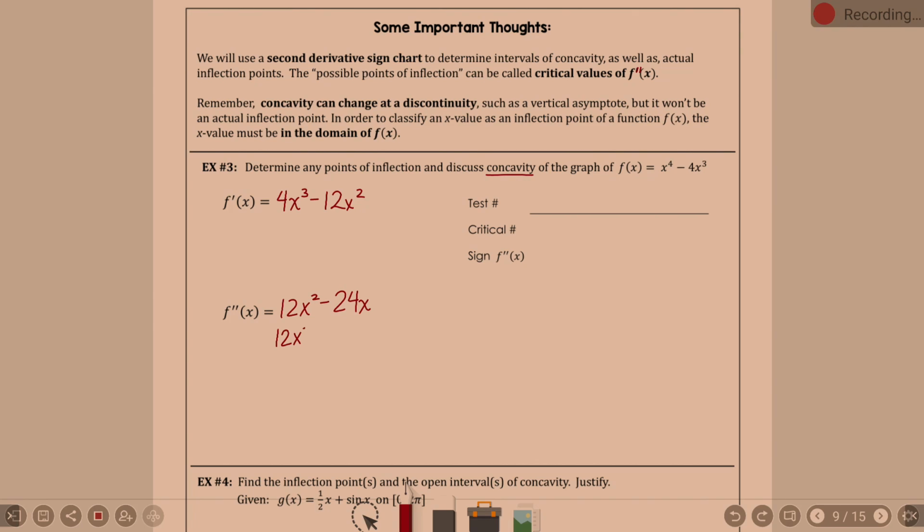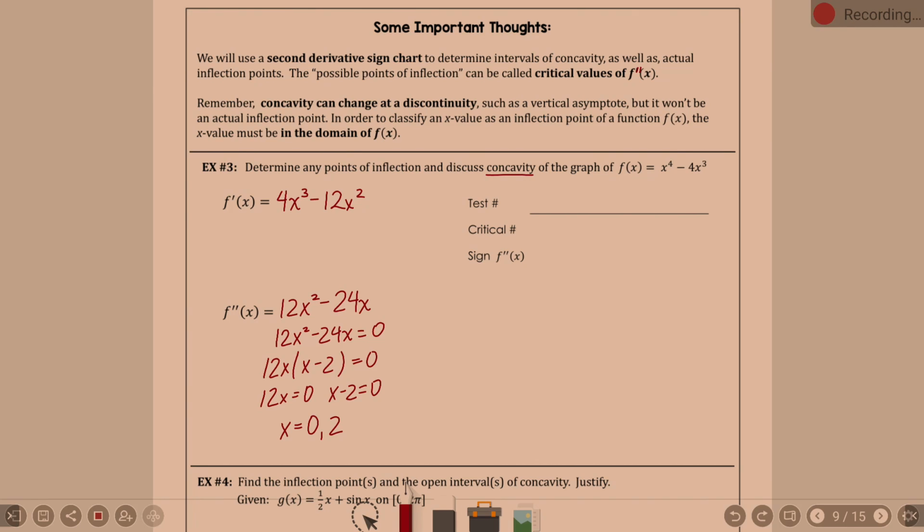So 12x squared minus 24x equal to 0. How would you like to solve? GCF, 12x, x minus 2. Setting each factor equal to 0, we get the results of x equals 0 and 2.